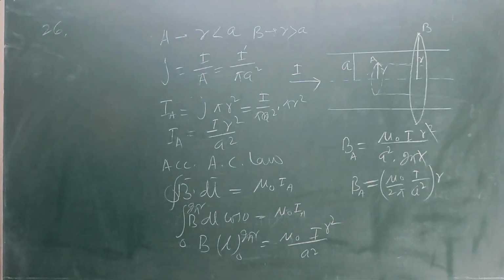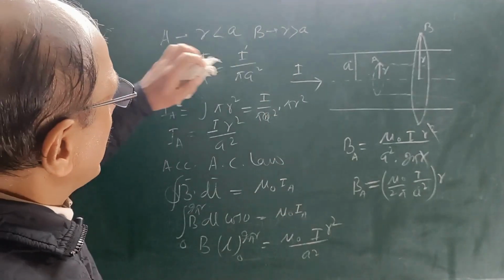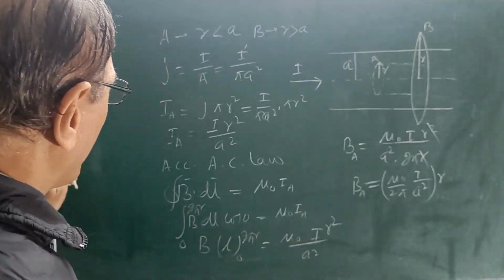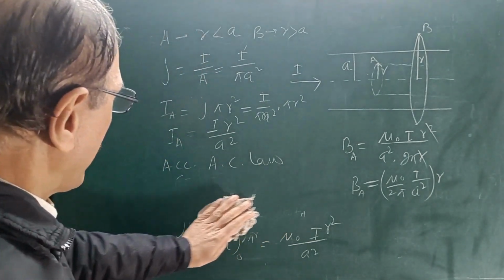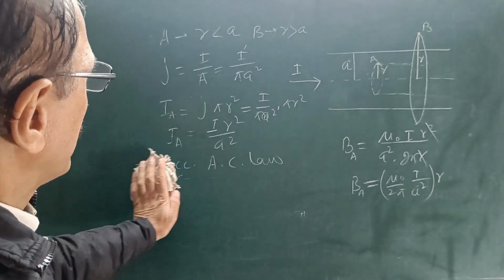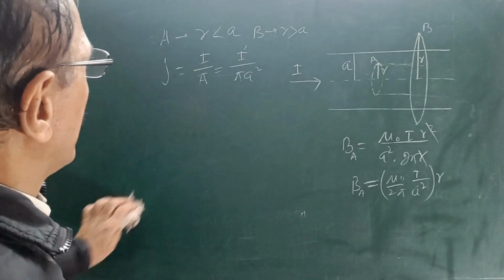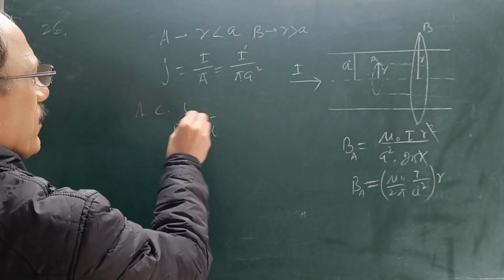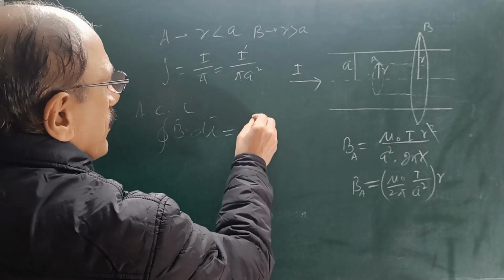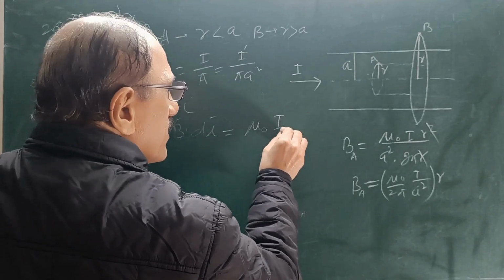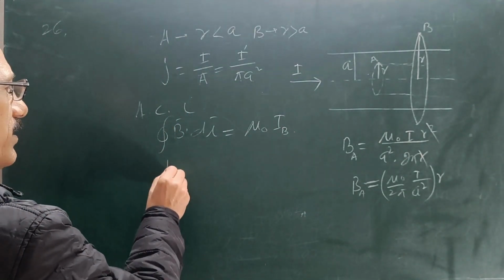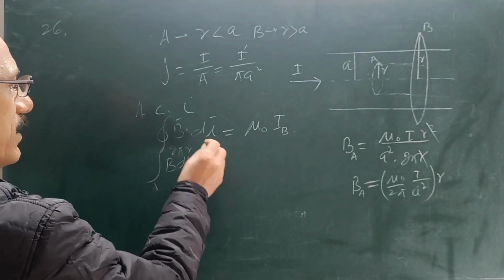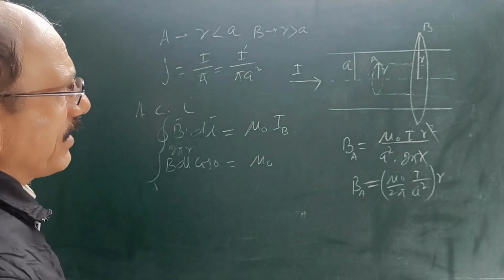So we get B_A equals mu naught upon 2 pi, I upon A square, into r. Now we can find the magnetic field induction at point B. For that, according to Ampere's circuital law, again we get the closed loop integral of B dot dl equals mu naught I_B. So B dl cos 0, over 0 to 2 pi r, equals mu naught I_B.